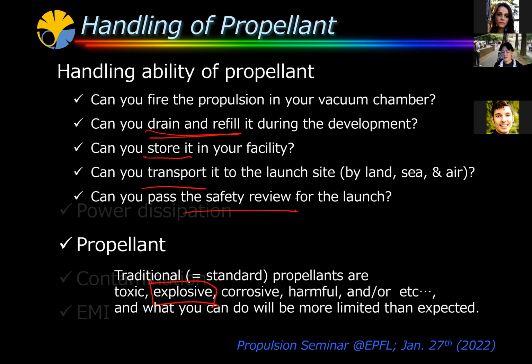In the case of a traditional, standard size satellite, they have a lot of knowledge and heritage for these kinds of handling. In the case of ESA, NASA, or JAXA, they have a lot of heritage and knowledge, so they can manage to handle those propellants.